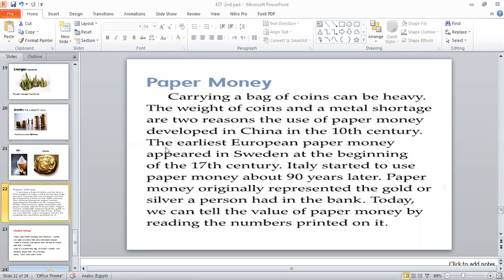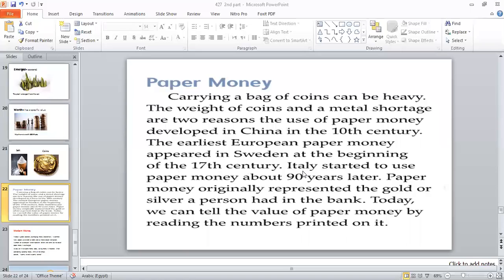You can move on, Muhammad. Okay. The earliest European paper money appeared in Sweden at the beginning of the 17th century.